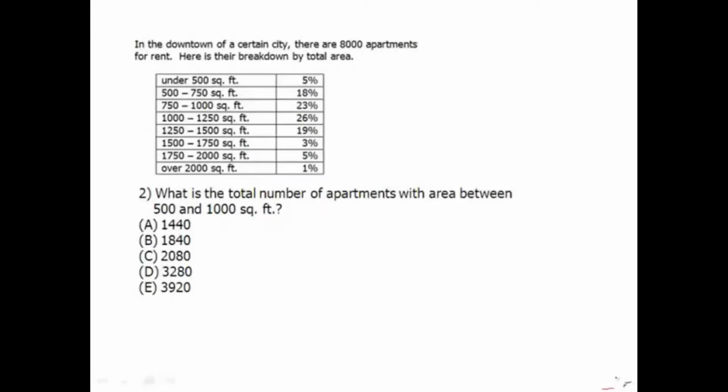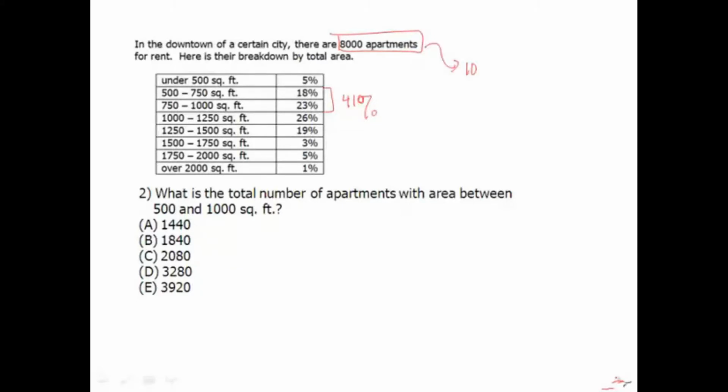What is the total number of apartments between 500 and 1,000 square feet? So we look at those 2 regions, and those add up to 41%. So this is 41% of what? It's 41% of the total number of apartments. Now you might be tempted to jump to the calculator right here, but let's do some approximations.